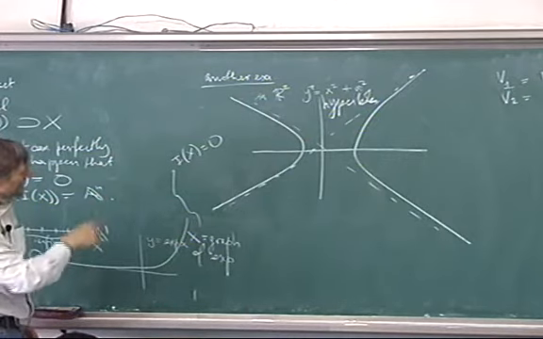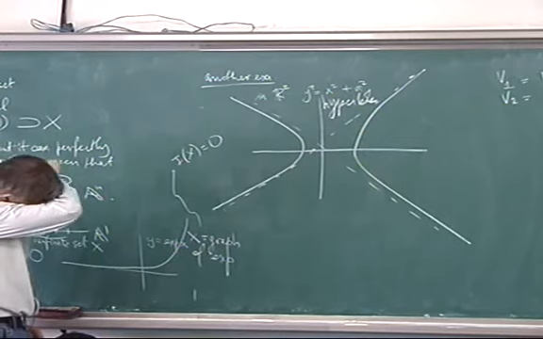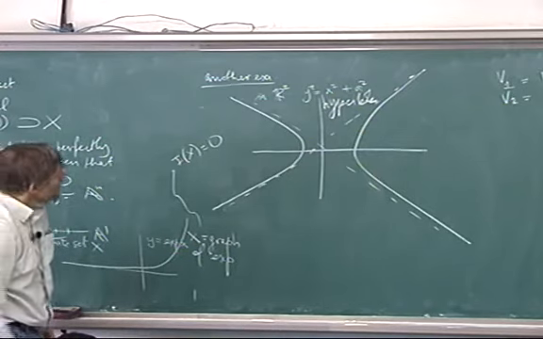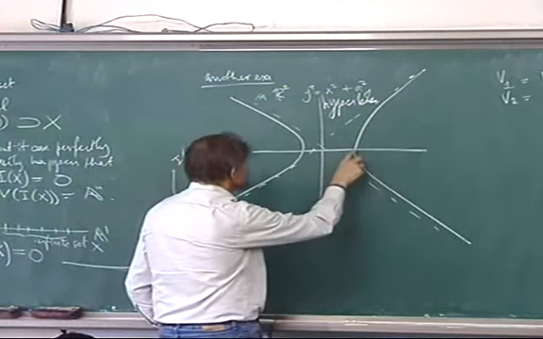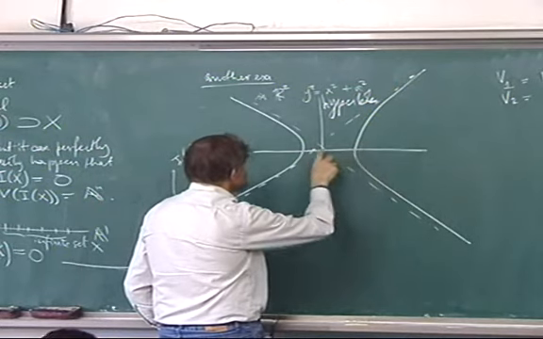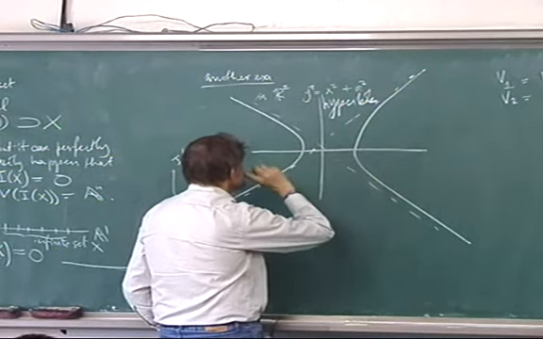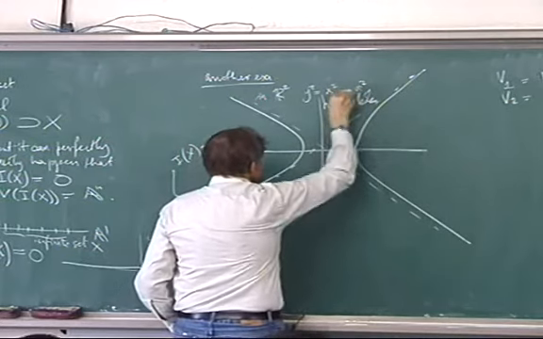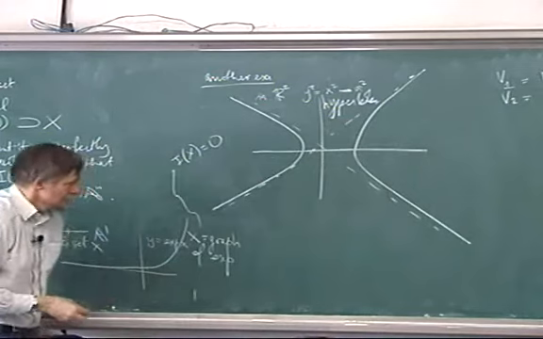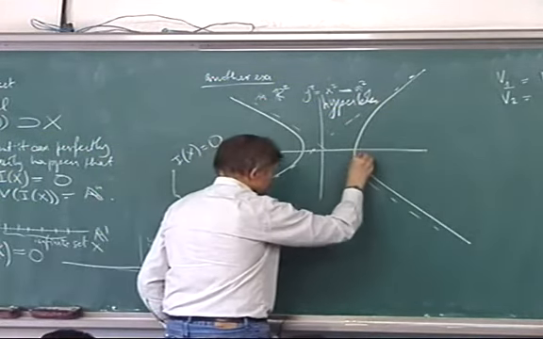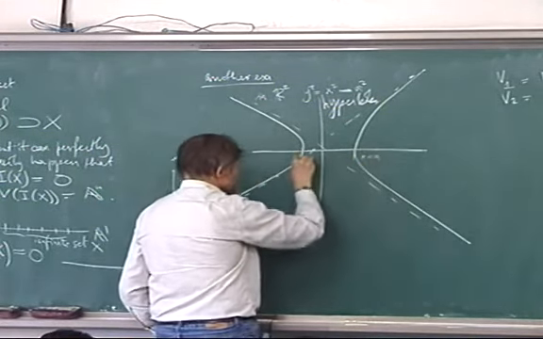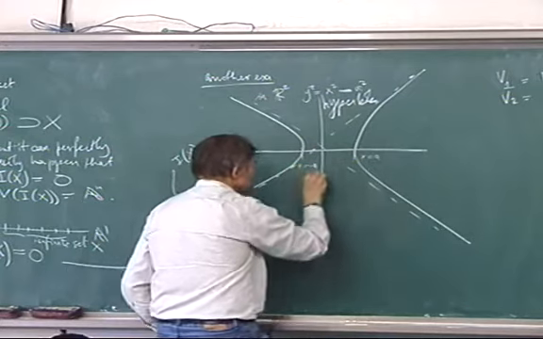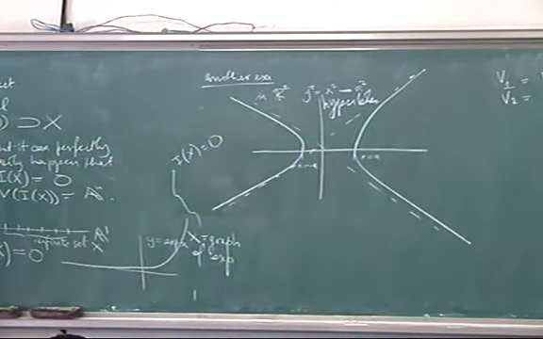Have I done it exactly wrong? When x is a little bit, oh bother, I think it's that. Yeah, okay, this is good. So this is x equals a, and this is x equals minus a. Right.